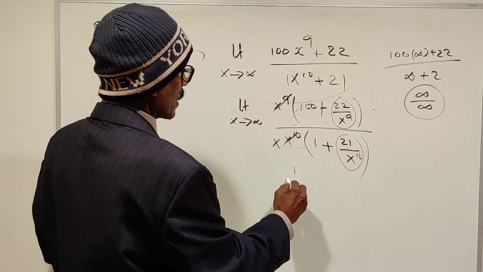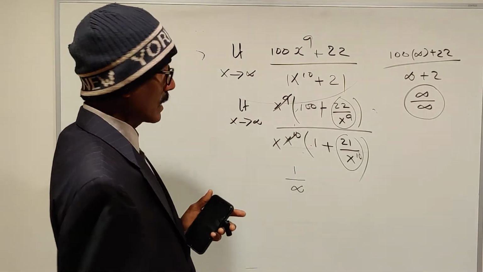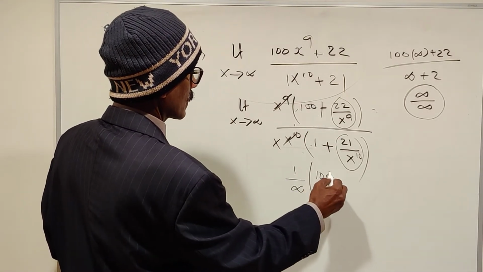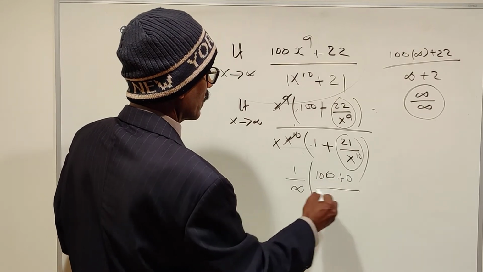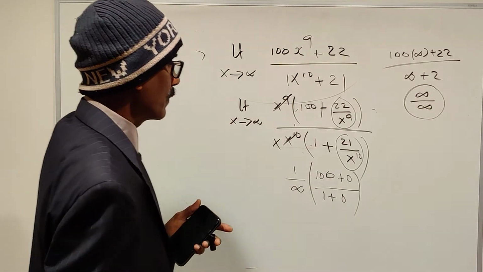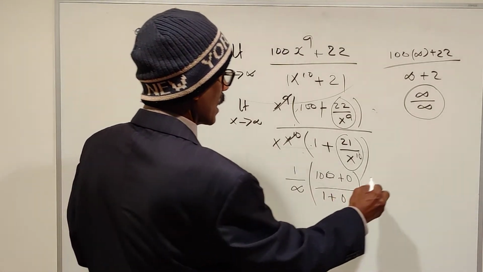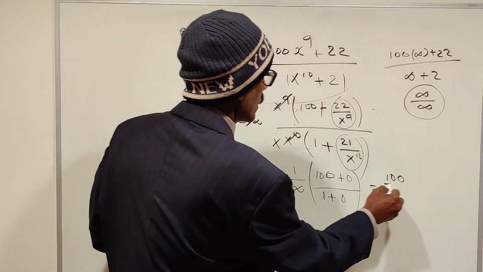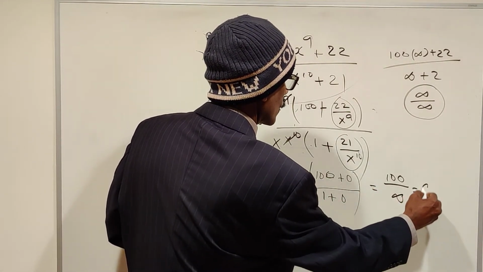The answer is 1 by infinite, x is infinite, times (100 plus 0) divided by (1 plus 0). So 100 by 1 is 100. 100 divided by infinity is 0. That is the answer.